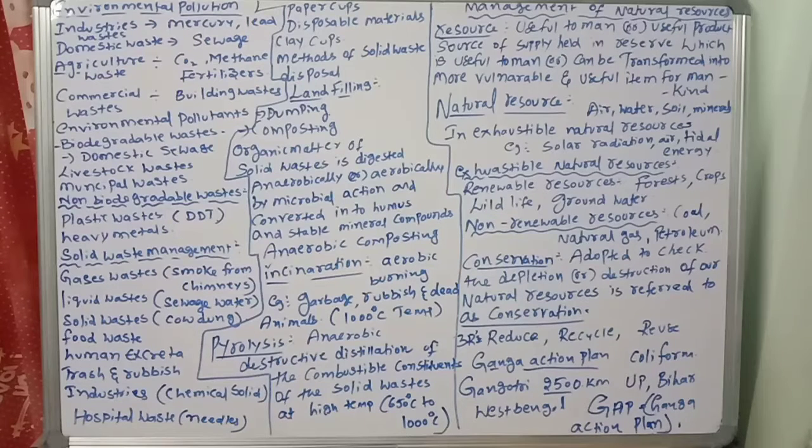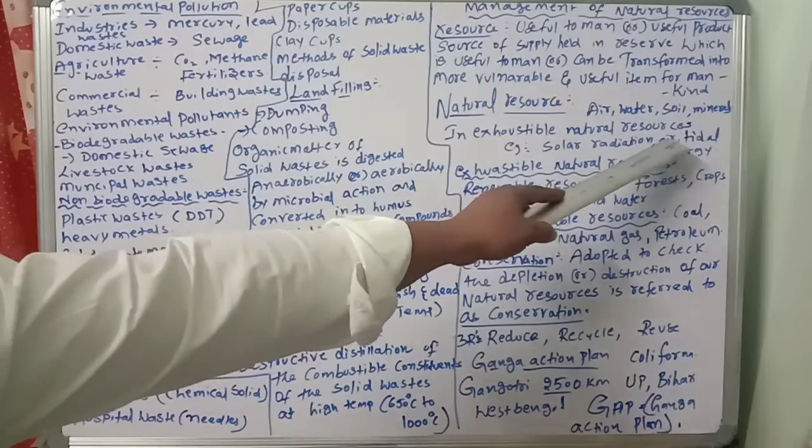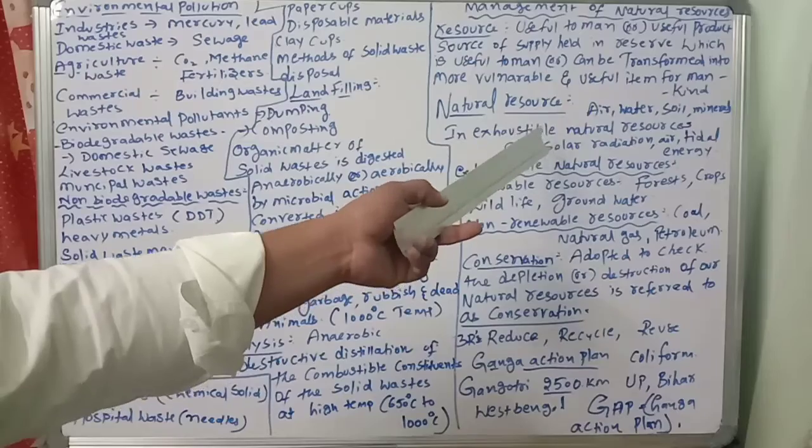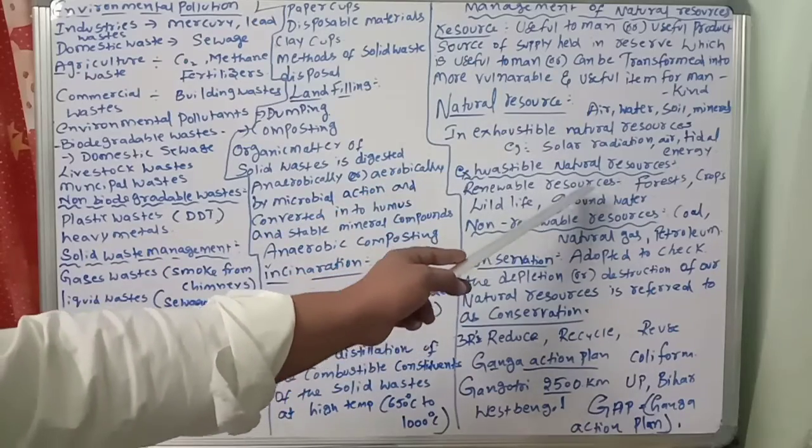Solar energy will be inexhaustible. It will always give radiation, lifelong. So solar radiation is one of the things. Next, air, tidal energy. Even after using, we will get them. That's why they are inexhaustible.